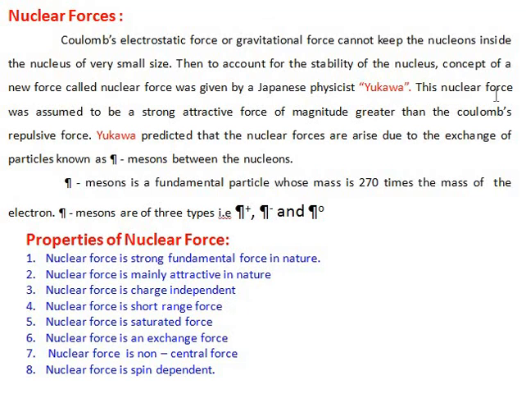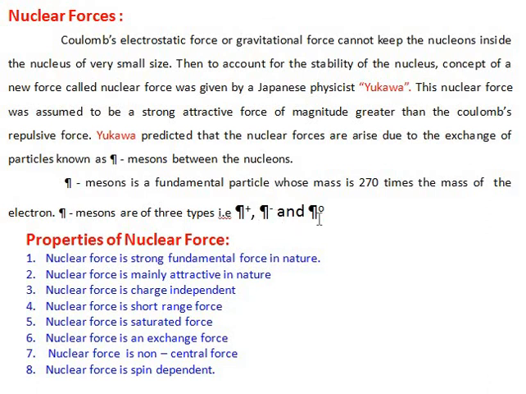This nuclear force was assumed to be a very strong attractive force of magnitude greater than the Coulomb's repulsive force. Yukawa predicted that the nuclear forces arise due to the exchange of particles known as pi mesons between the nucleons. A pi meson is a fundamental particle whose mass is 270 times the mass of the electron. Pi mesons are of three types: pi plus, pi minus, and pi 0.